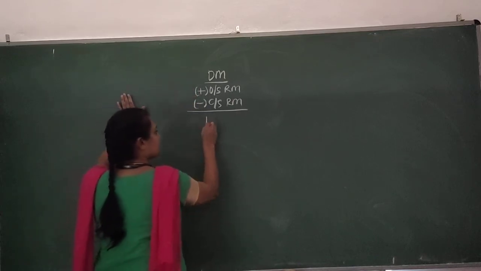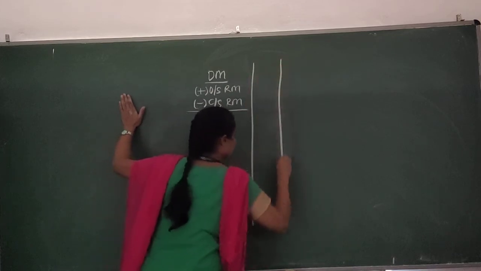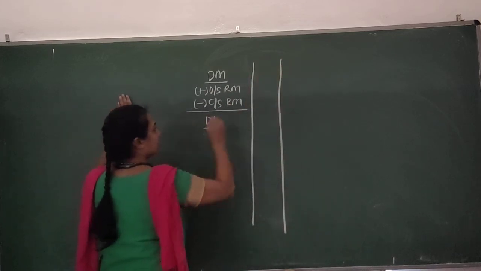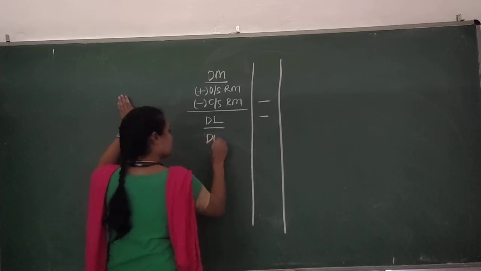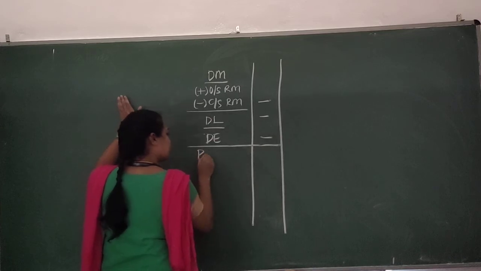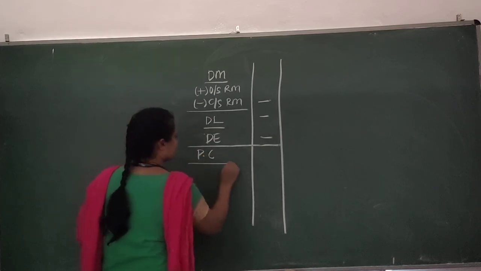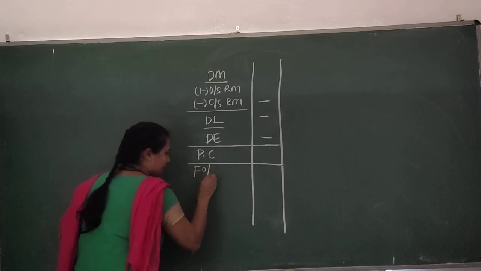Next is direct labor. Next is direct expenses. So the total is called prime cost. After prime cost, you add your factory overhead.